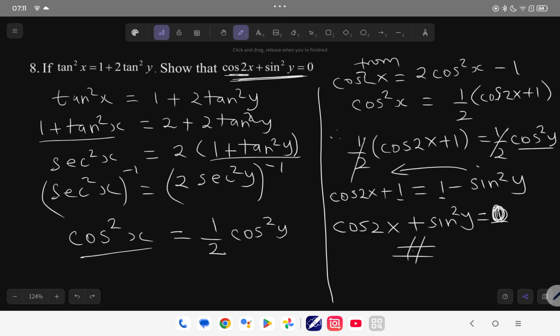We shall zero ourselves on the T formulae, and we try to apply it in solving equations which involve trigonometric identities. Thank you so much.